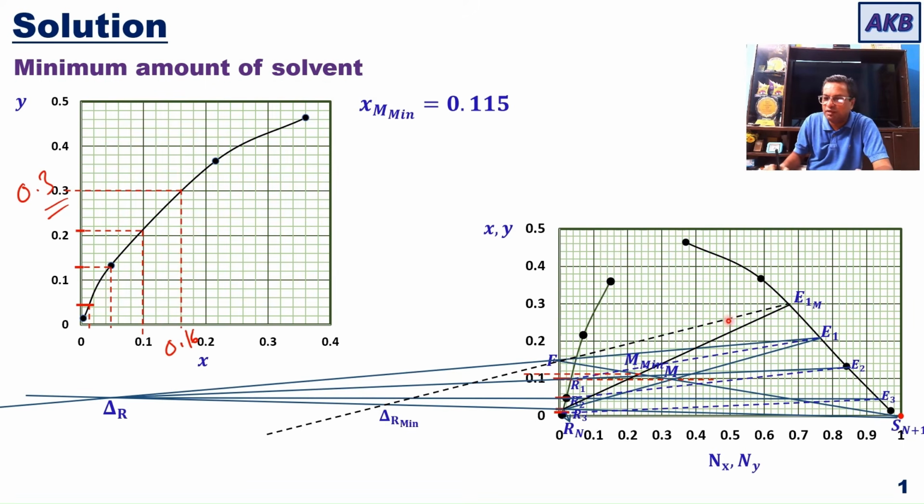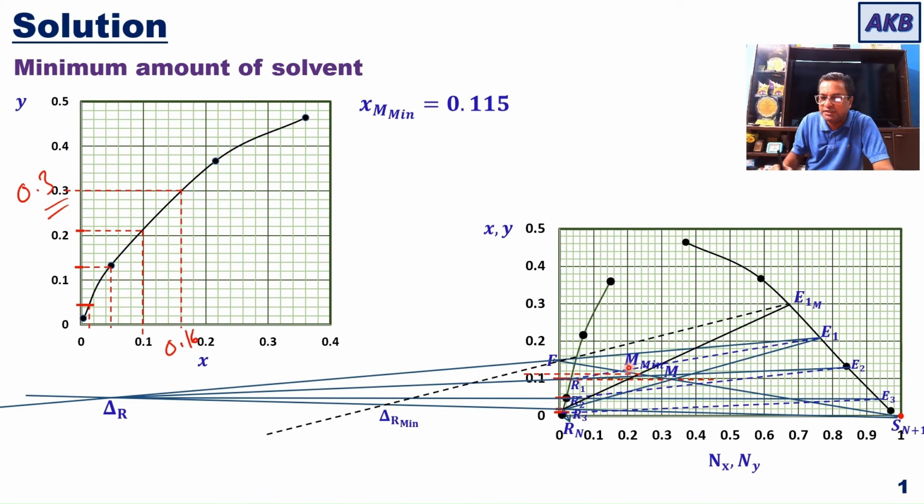To get its endpoint on the B reach part of the curve, call it E1 M. Get its endpoint on the line Sn plus 1 Rn, call that delta R minimum. Then draw a line from E1 M to Rn. And in the process, you get a point where the E1 M Rn line intersects with the line F Sn plus 1.